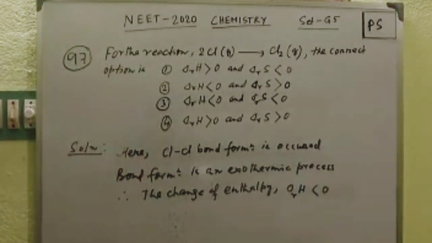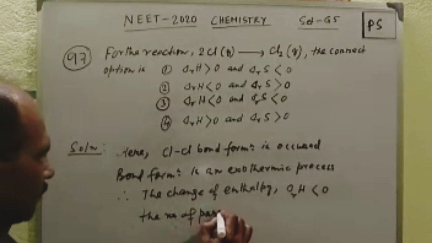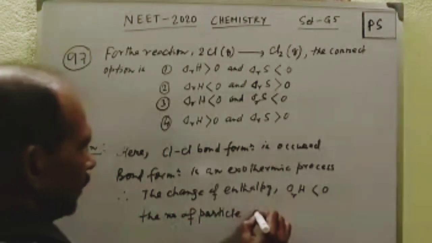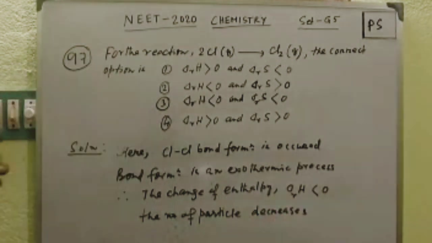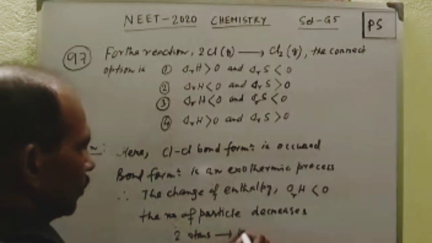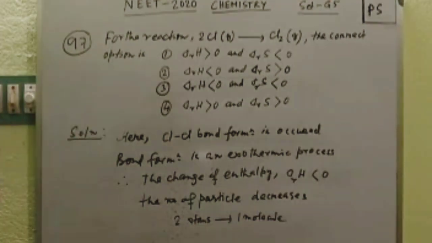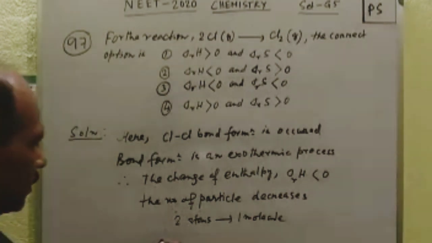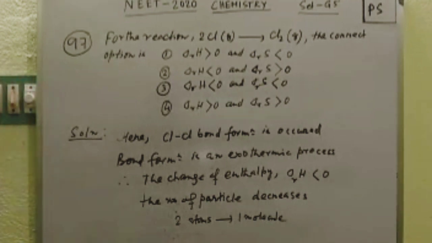Again, in this process, the number of particles decreases. Here, two atoms are converted to one molecule. Disorderliness is decreased and the degree of disorderliness decreased.